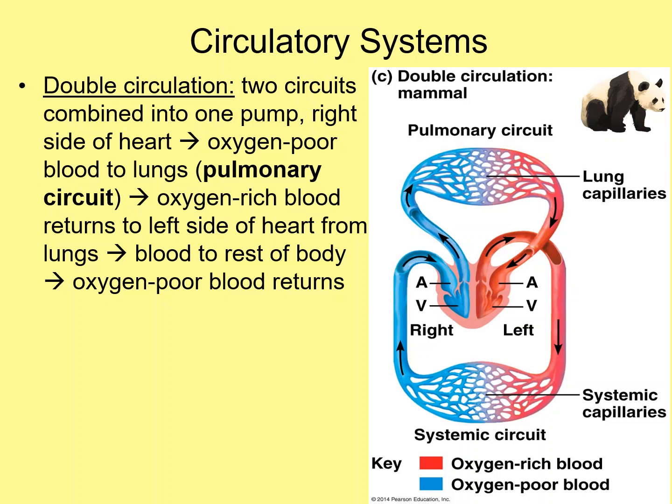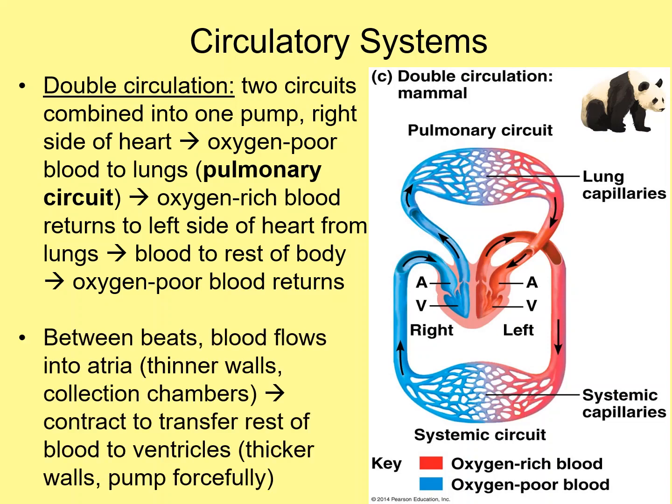And of course, that means the hemoglobin is picking up that oxygen, and that oxygenated blood is then going to be returning to the left side of our heart through the left atrium, through the left ventricle, which is slightly larger than the right ventricle, and then pumped very forcefully out our aorta, which then branches to several different parts so that it can carry oxygenated blood to the rest of the body.